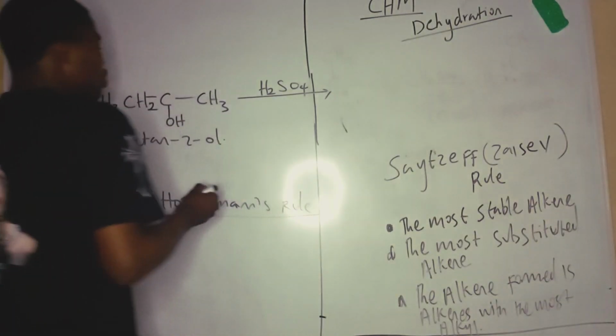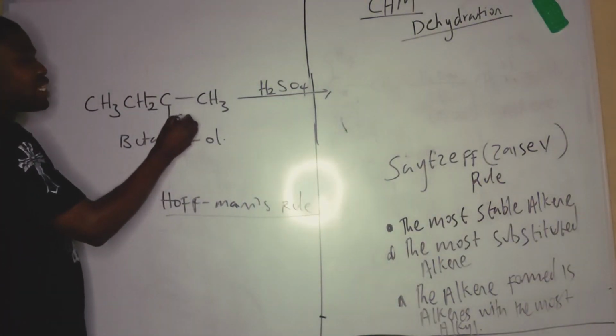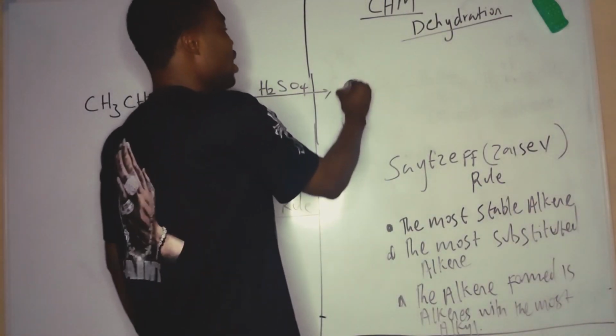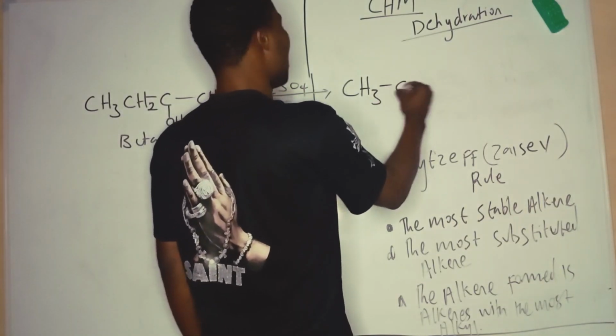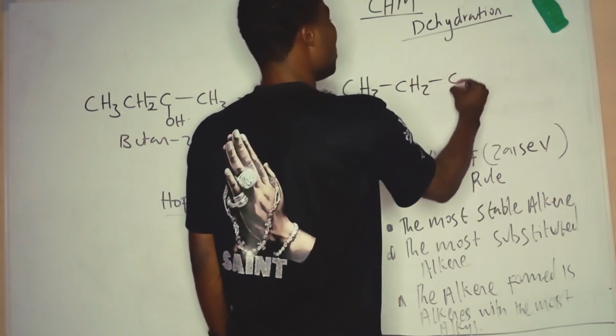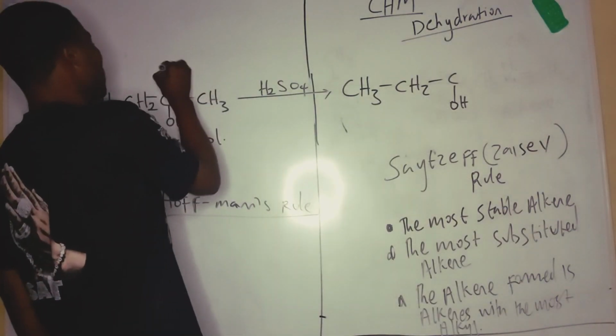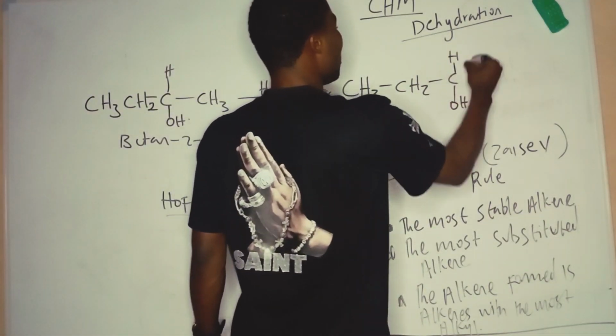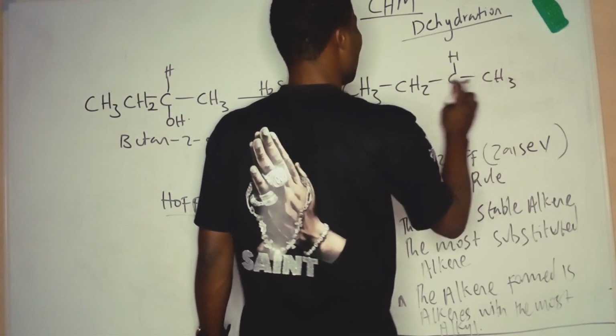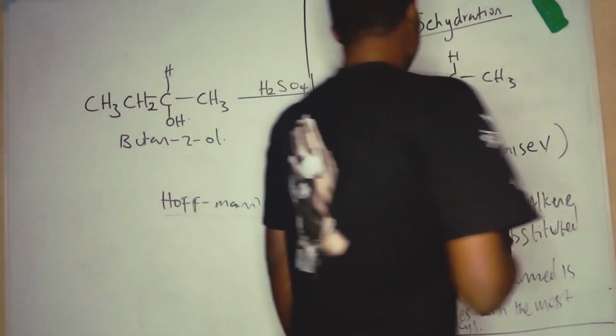Dehydration. According to the rule, first we eliminate the alcohol. So let me write my butan-2-ol back: CH3, CH2, COH, then CH3.